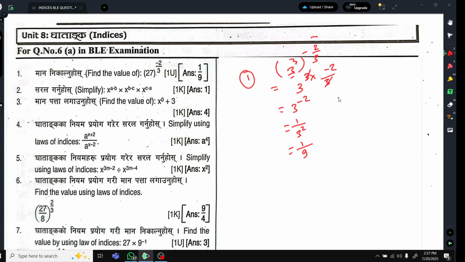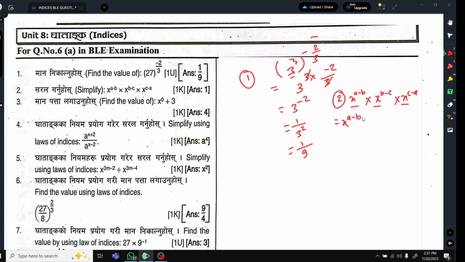Now let us see question number 2. In question number 2 we have x to the power a minus b multiplied by x to the power b minus c, again multiplied by x to the power c minus a. Now what do we see? We see the same base and in multiplication form, so the powers are added.